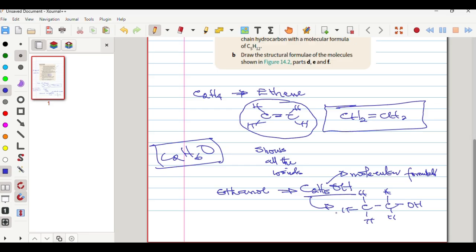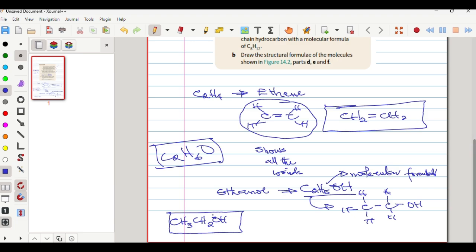You don't need to disturb yourself if you don't get what I'm trying to do, but the first carbon is bonded to three hydrogen atoms, CH3. The second one is bonded to two hydrogen atoms and OH, like this, right? Is it correct? Yes, sir.